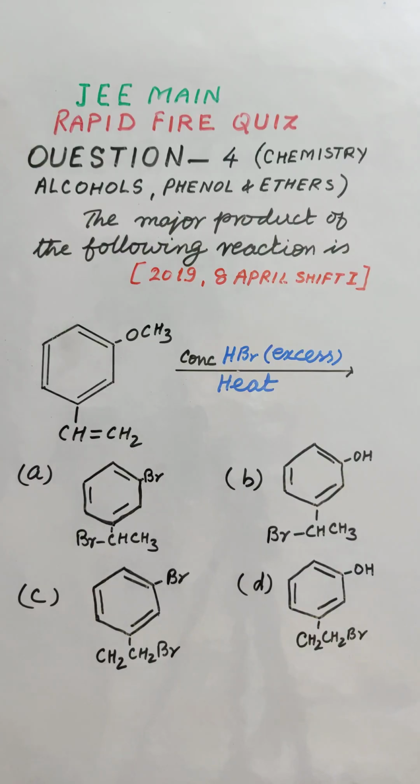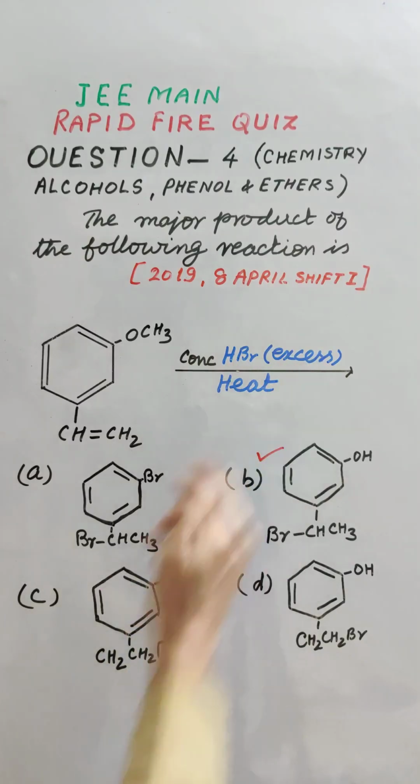Your time starts. Your time is over. 1, 2, 3, 4. I am telling the answer to the toppers. Option B is correct. As concentrated HBr is in excess, the reaction will take place at both the substituents.